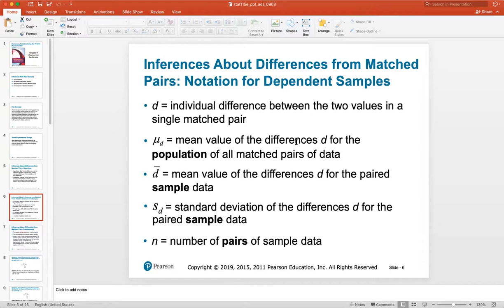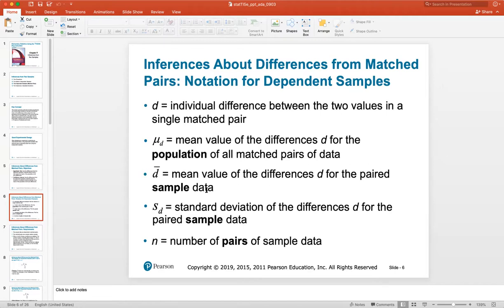Once we get the one single sample data set, we're going to find the mean of that sample data, and then the standard deviation of that sample data set. So mu d is the mean value of the differences d for the population of all matched pairs of data, and d bar is the mean value of the differences d for the paired sample data.